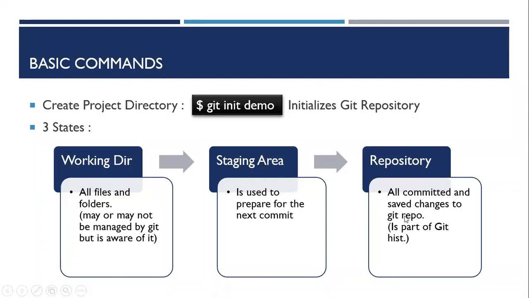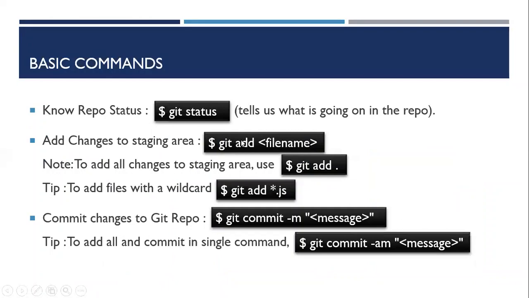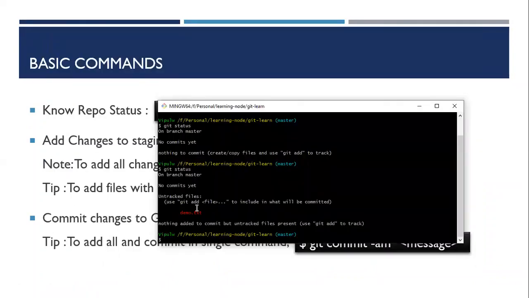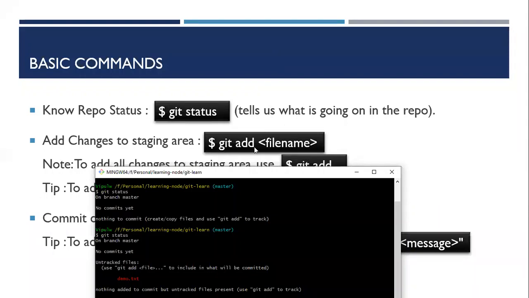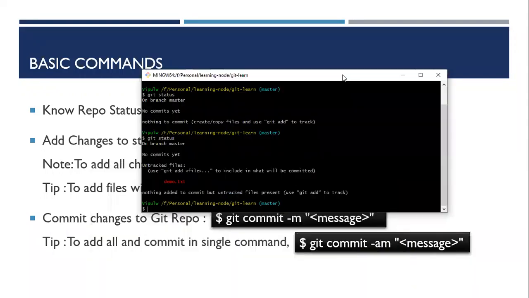Okay, so I will just demonstrate with the help of this command. As you can see, we have one untracked file here. So what if I want to save the status of my working directory on Git? What will I do? I will add that file to the staging area. To add a file to the staging area, you can use the command git add followed by the file name. So I will run git add demo.txt.